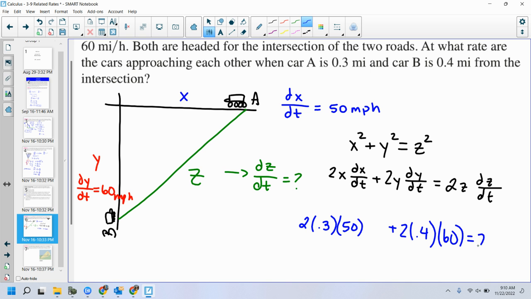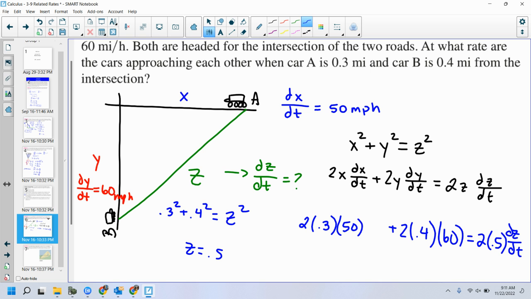Now, do we know what z is? Can we calculate z when x is 0.3 and y is 0.4? Yeah. 0.3 squared plus 0.4 squared is equal to z squared. That's a 3, 4, 5, isn't it? So what is z? 0.5. Now, times dz/dt, right?